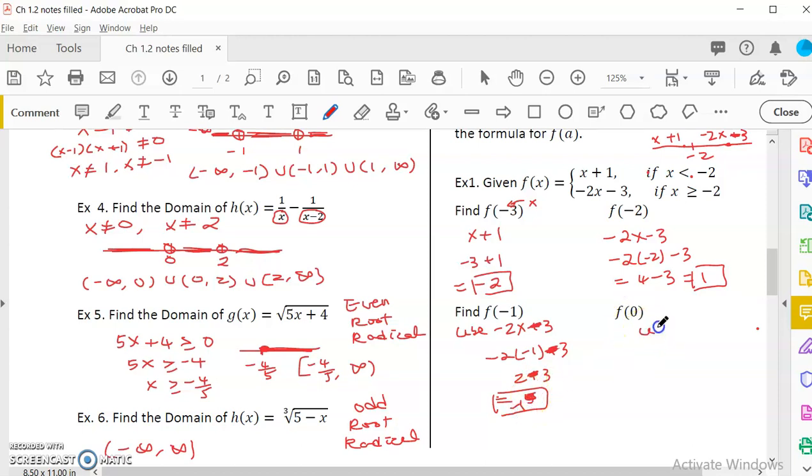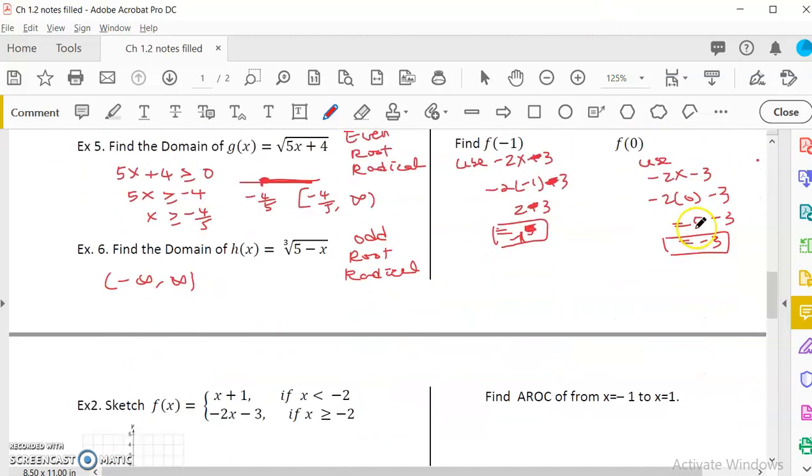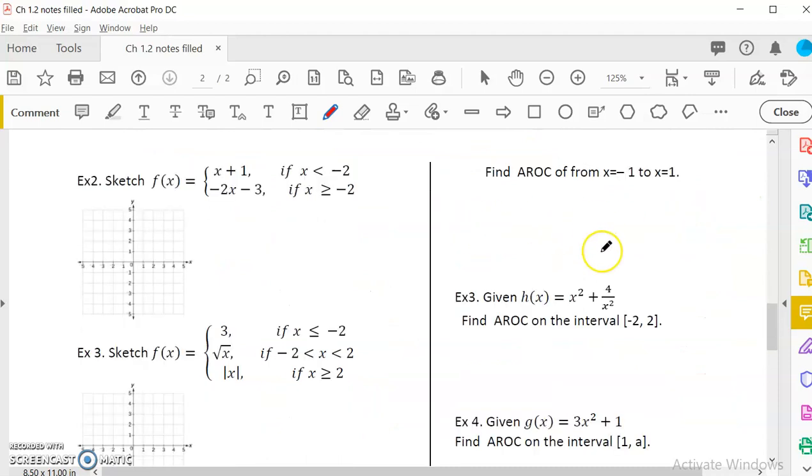For f of 0, again, I use -2x minus 3. So -2 times 0 minus 3. So it's 0 minus 3, which is -3. If you're confused, a good idea is to draw a number line, and then you can tell which interval is which.